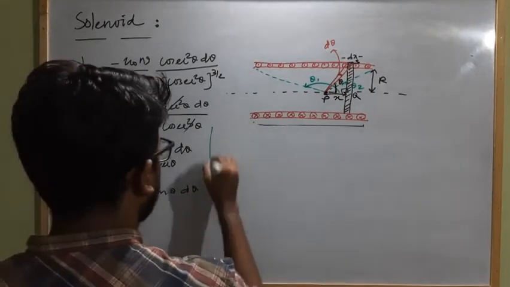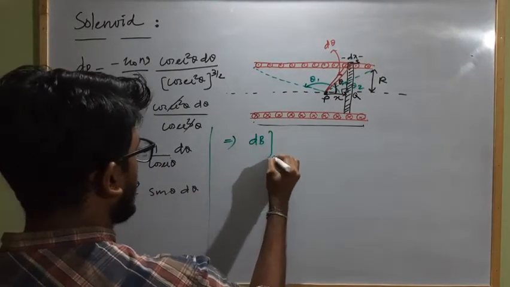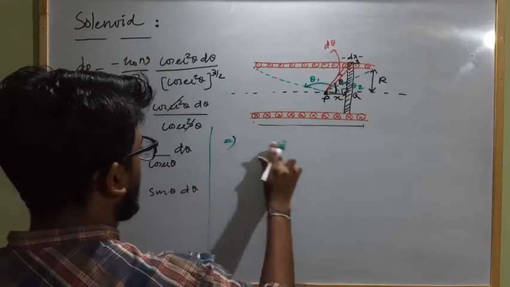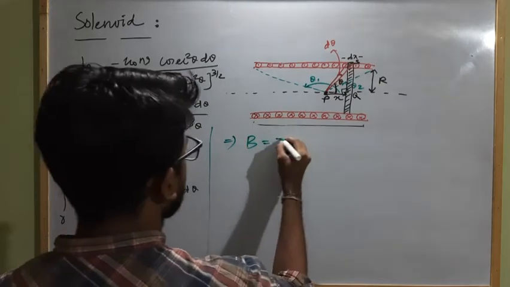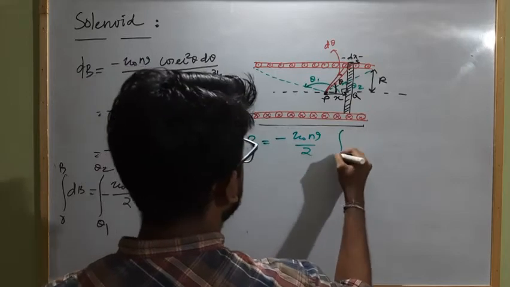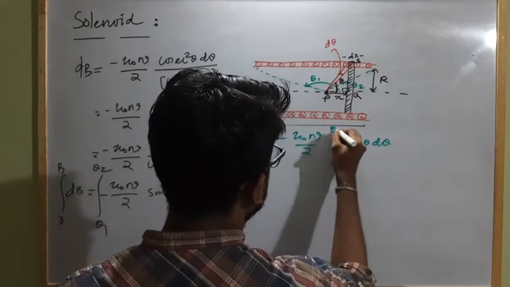Integrating dB from 0 to B, B equals minus mu naught ni by 2 times the integration of sin theta d theta from theta 1 to theta 2.